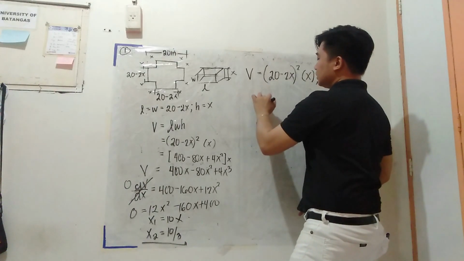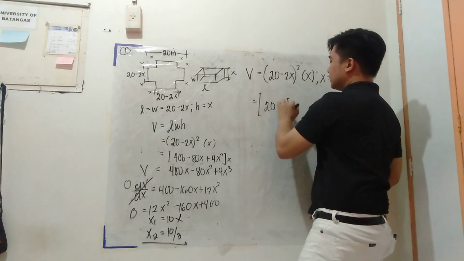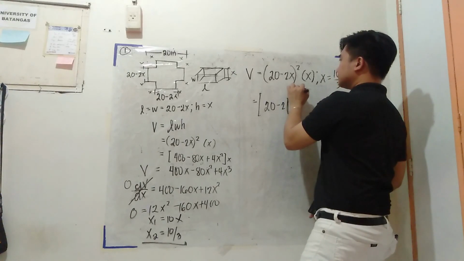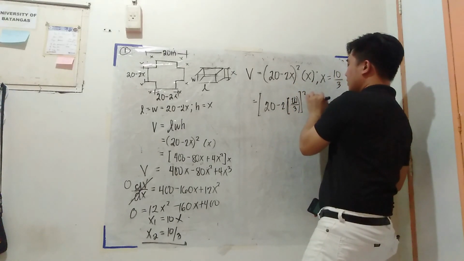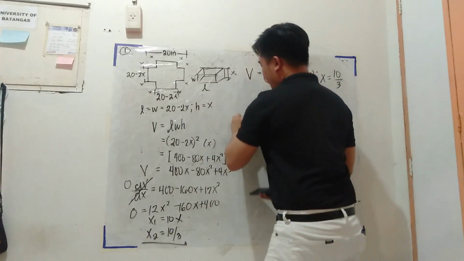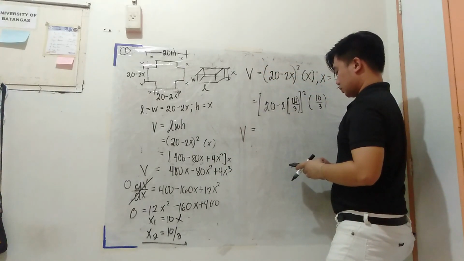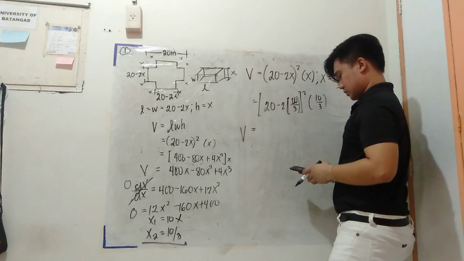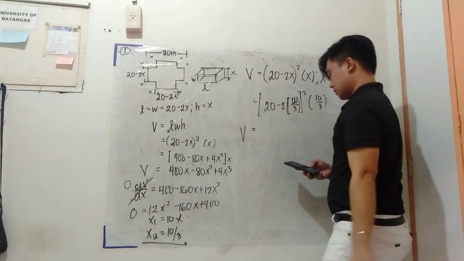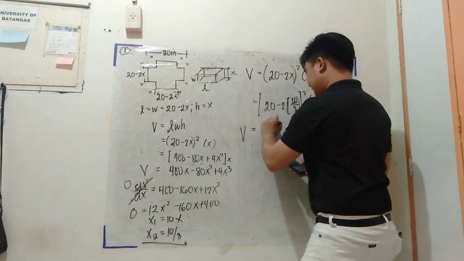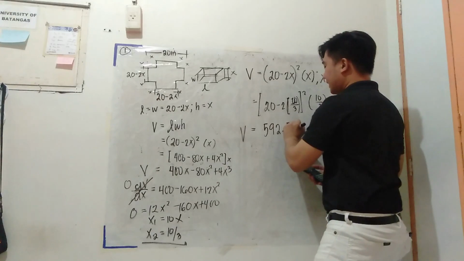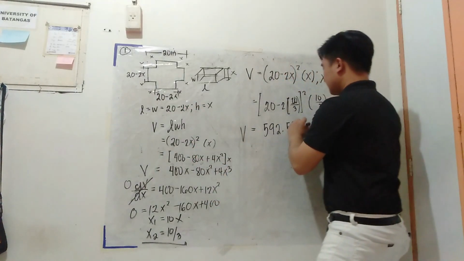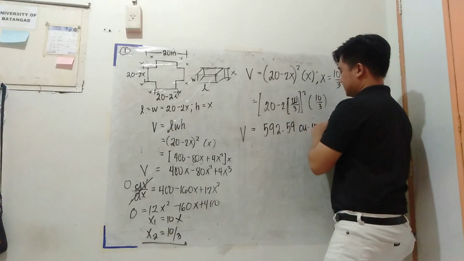So, this is equal to 20 minus 2 times 10 over 3 squared times 10 over 3, and your volume is equal to 592.59. Anong unit? Di ba sabi ay 20 inches, di cubic inches.